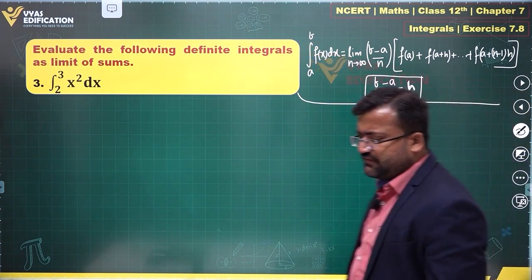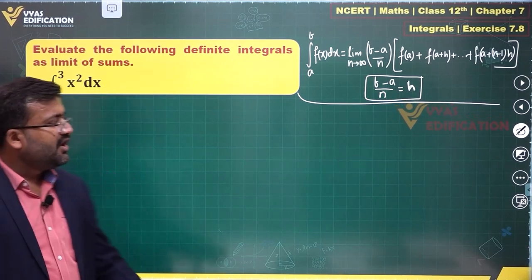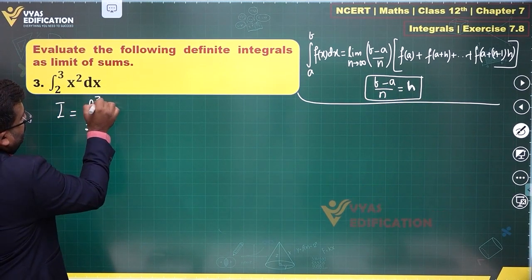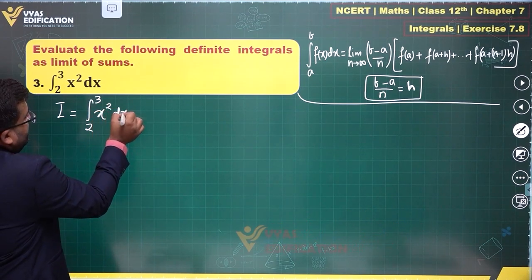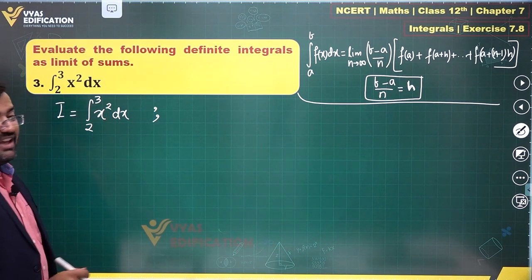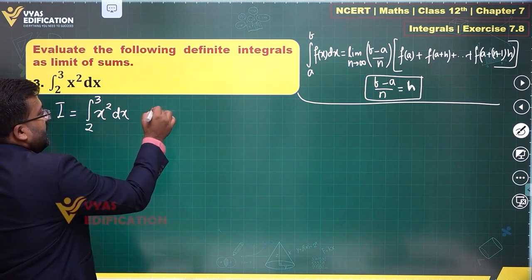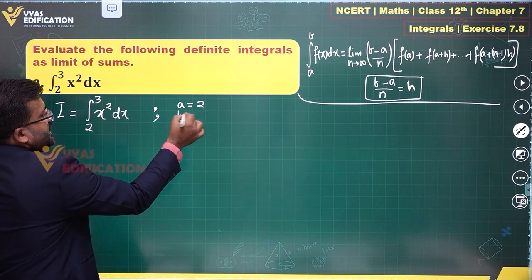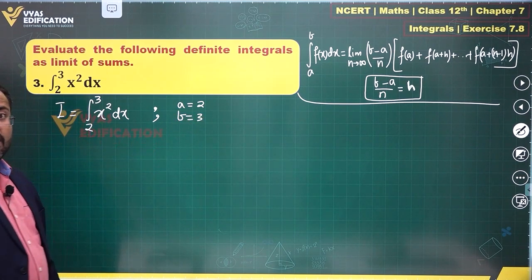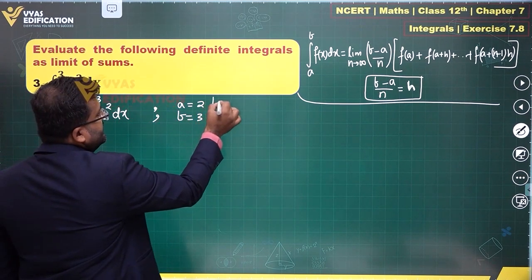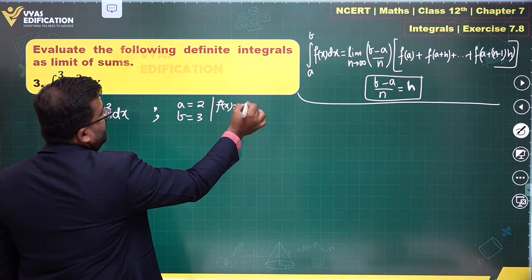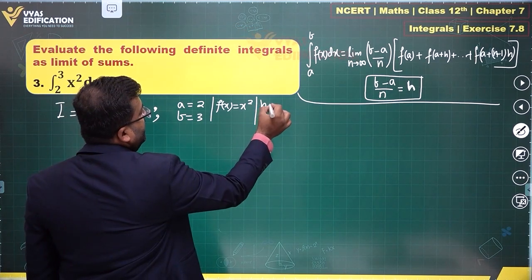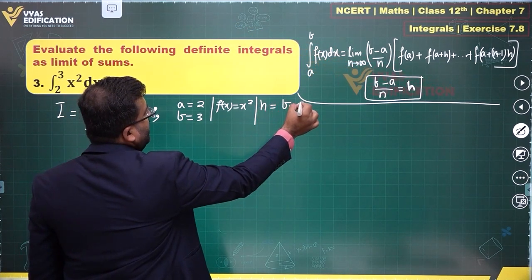So once you are okay with this formula, then I can apply it on this integral I, which is the integral of 2 to 3 of x square dx. The important thing to observe here is the value of a is 2, b is 3. f(x), as you can see, is x square, and the value of h is (b minus a) upon n.